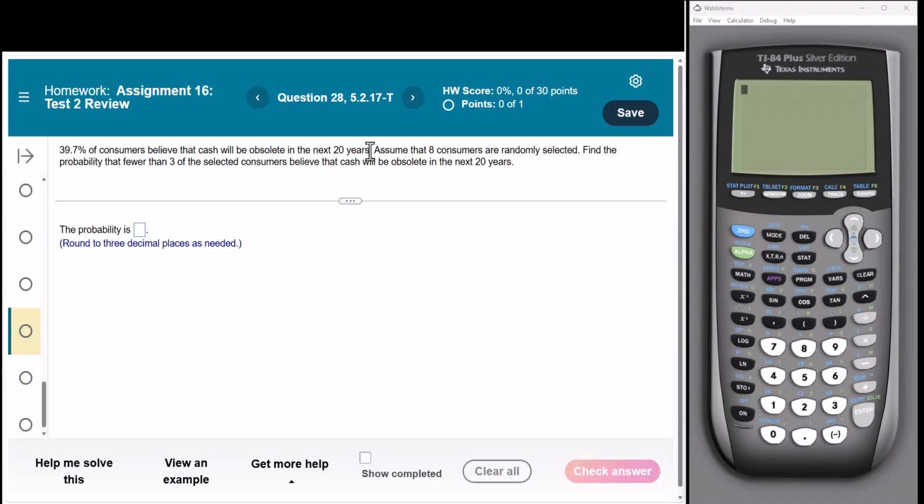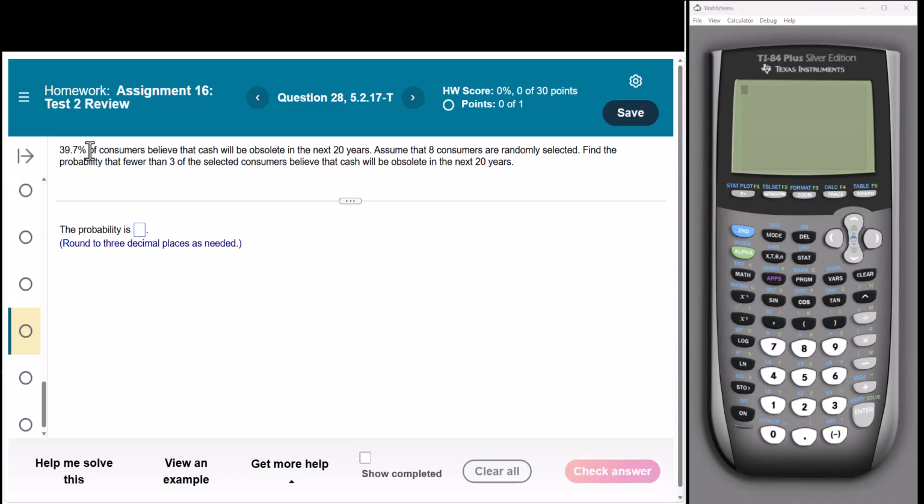The other thing is you'll have to read into the problem. The first thing I always do when I have a binomial distribution type of problem is I want to know the number of trials. So I reread the question and I look for the number of trials. It says 39.7% of consumers believe.